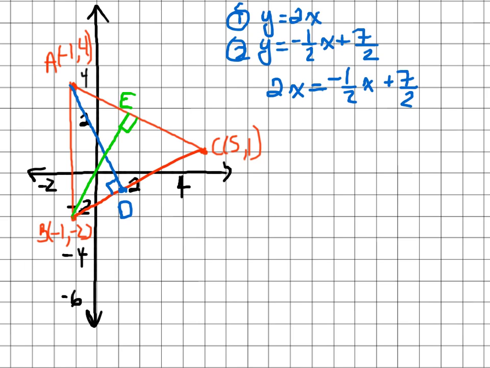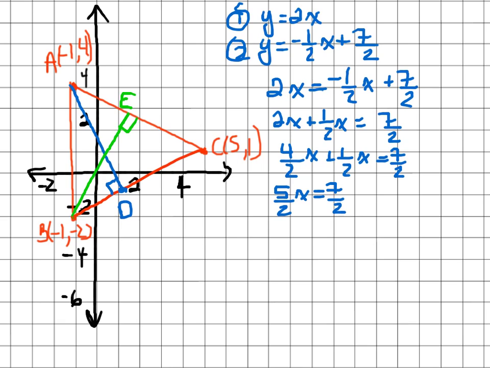I'm going to rearrange this to have all my x terms on one side. 2x plus 1/2 x equals 7 over 2. Common denominators, 4/2 x plus 1/2 x equals 7 over 2. That will give me 5/2 x equals 7 over 2.